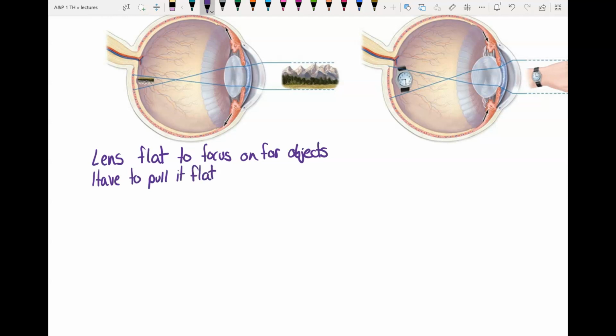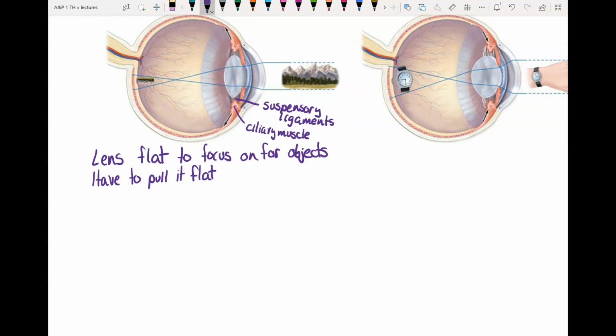So remember those suspensory ligaments? They are what pull the lens. And remember, this is a cross-section picture, but they actually go all the way around. And here is the ciliary muscle. It is what controls the suspensory ligaments.